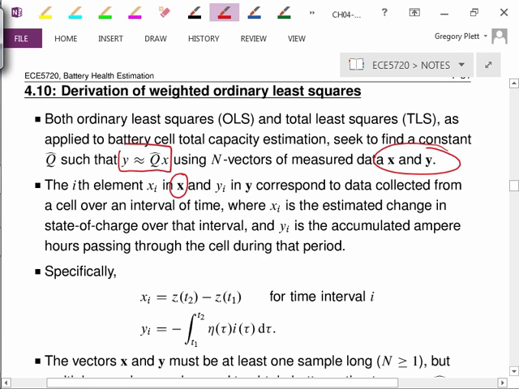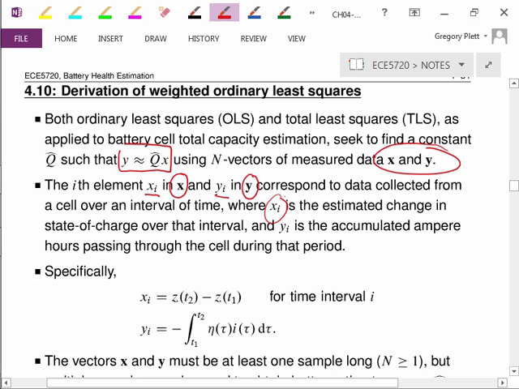Looking at one component of x, we'll call it x sub i, it's the ith component, and the corresponding y sub i component in y, the xi, yi forms a data set from data collected from a cell over the same interval of time. So over the ith interval of time, xi is the change in state of charge, so the state of charge at the end of that period minus the state of charge at the beginning of that period.